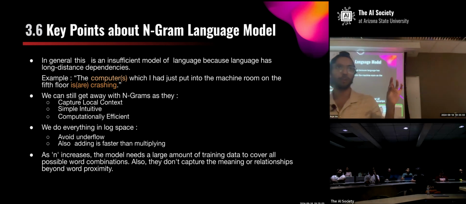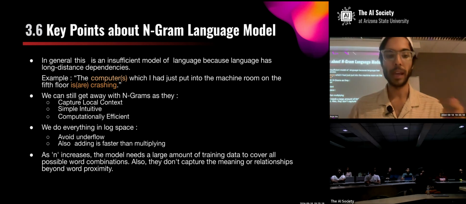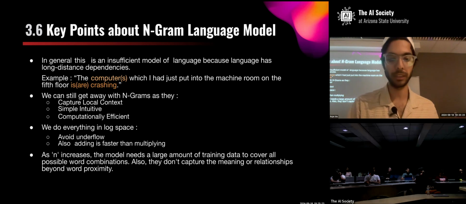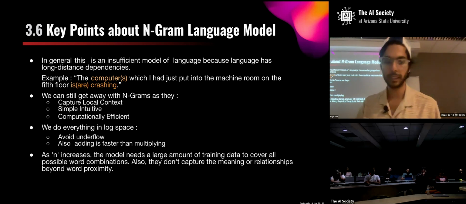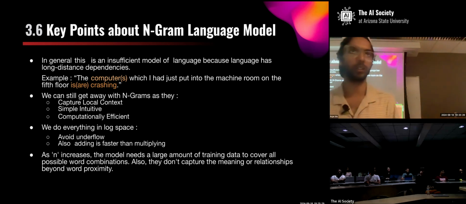The sequence that will form if n is equal to 20 should be more frequent. Otherwise, its count will be 1 and the prediction values will be very, very small and it won't be very efficient. So as n increases, we need a lot of training data to compensate. And also, as I said, it doesn't capture the meaning or relationships beyond a certain number of words.